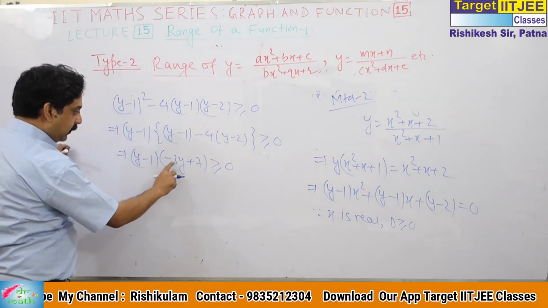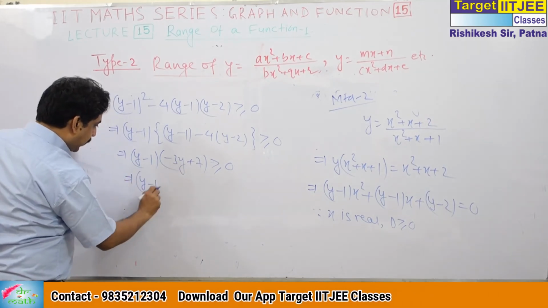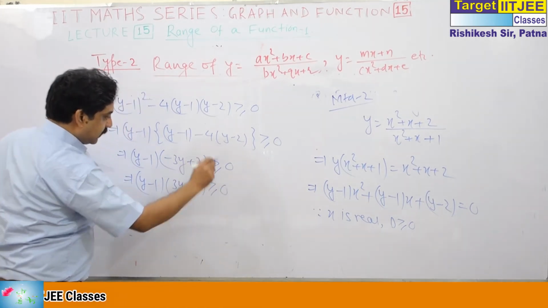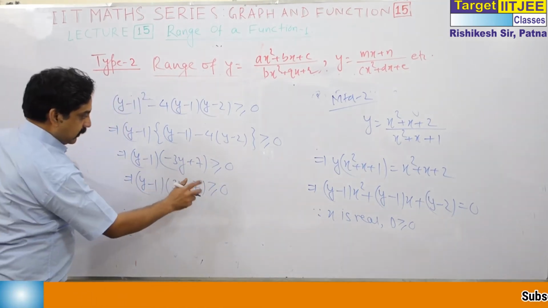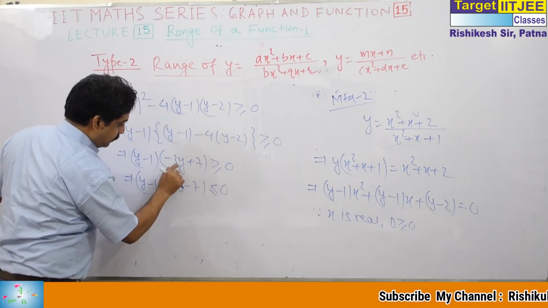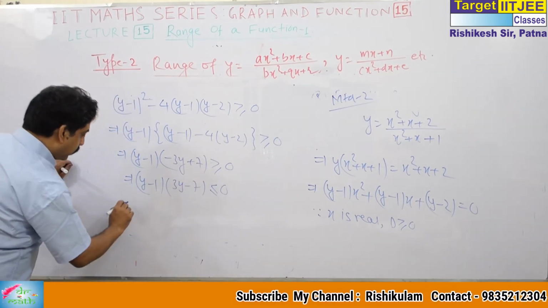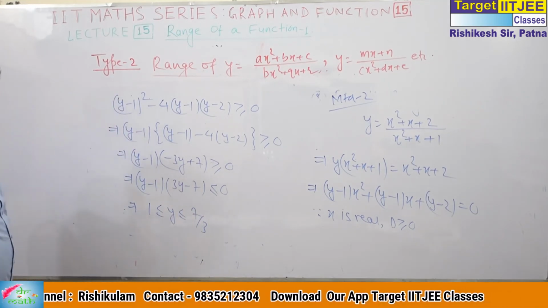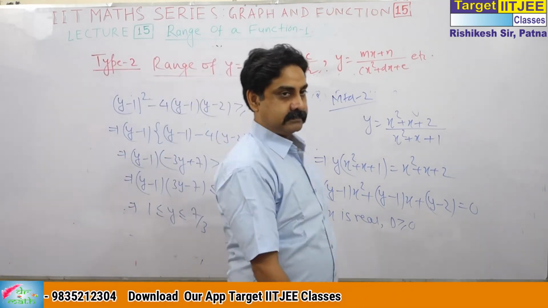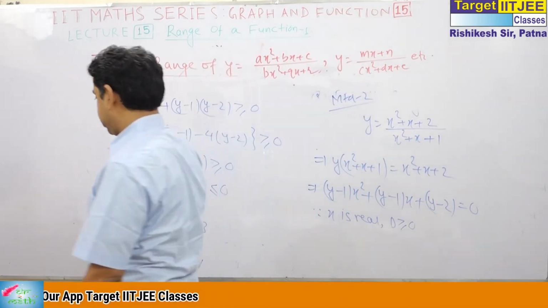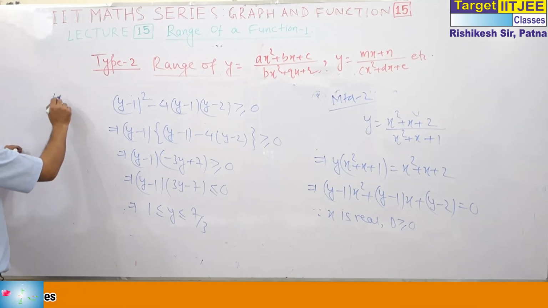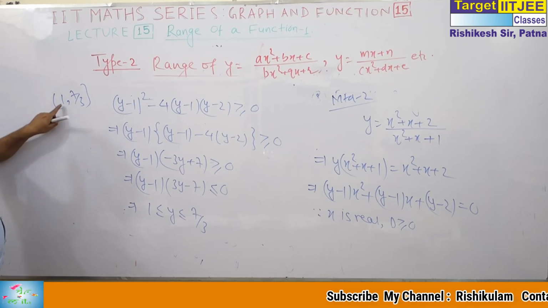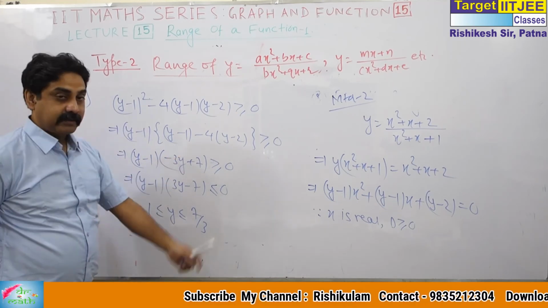As I normally do, make it positive: when I multiply by minus 1, it becomes (y minus 1)(3y minus 7) less than or equal to 0. What is the range? 1 to 7 by 3. What is the problem? In the previous method there was an open interval, and now this is a closed interval.